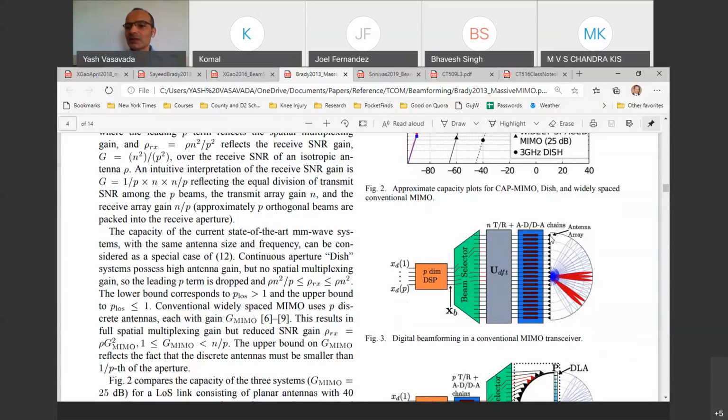And they are saying that at the output of each of these elements, I need to put an RF circuit, RF chain, including A to D converter and D to A converter. Then the output of that goes through the discrete Fourier transform matrix. And then after that, we do some type of digital signal processing in FPGA.